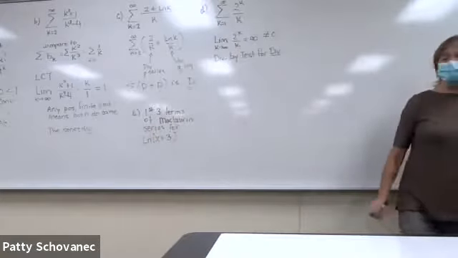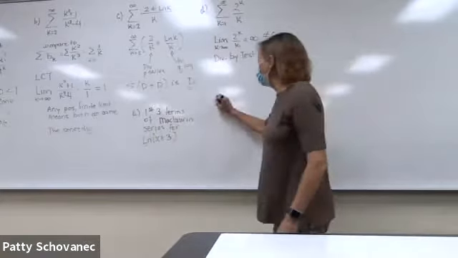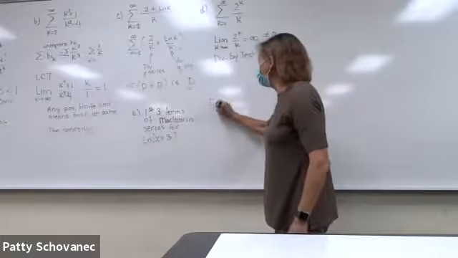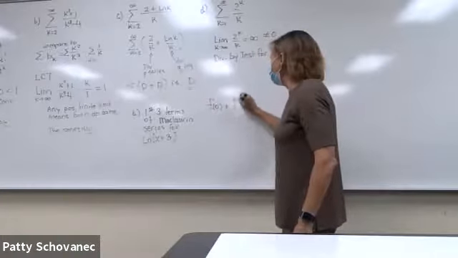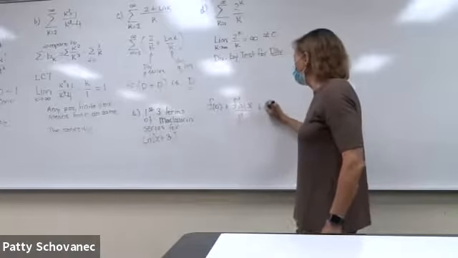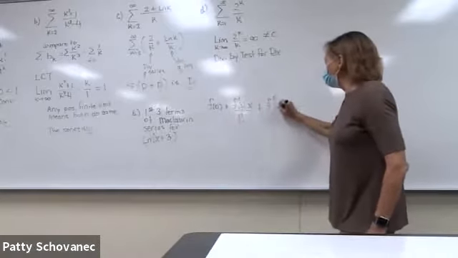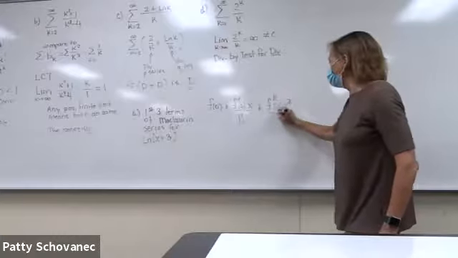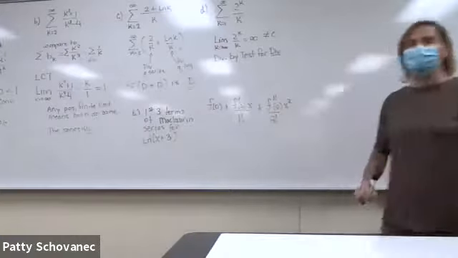So the center is at x equal to 0. So our series is going to be f of 0 plus f prime at 0 times x over 1 factorial plus f double prime at 0 times x squared over 2 factorial. That's the 3 terms we're looking for.